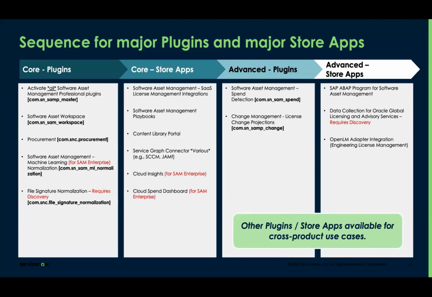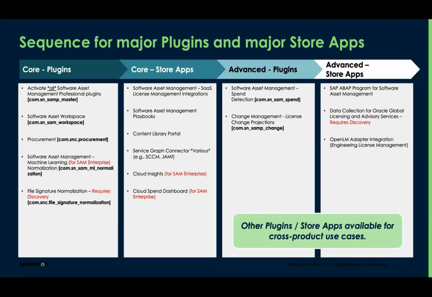Yeah. So with the core plugins and core store apps, you're getting the majority of your base software asset management capabilities, and you're really able to get started on your overall implementation with those core plugins and then the core store apps, right?